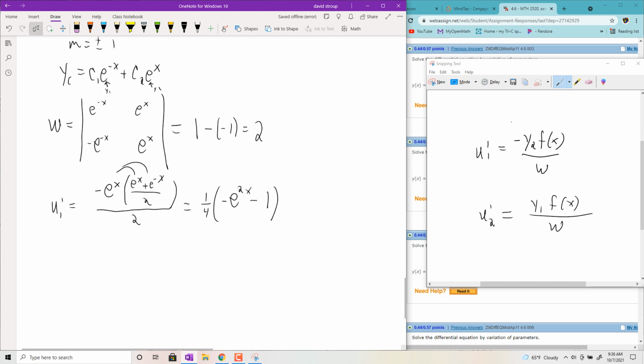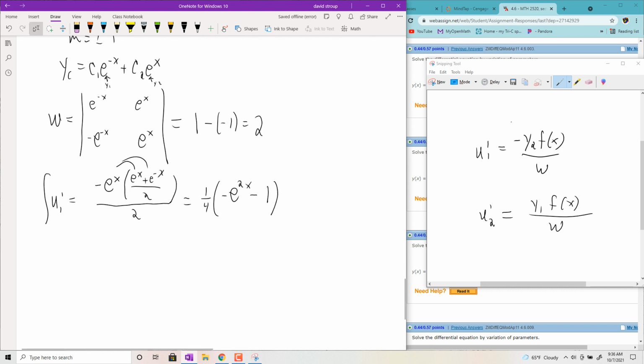Then I can integrate here, and I get u1 equals 1/4 times negative e to the 2x all over 2 minus x, and distributing the 1/4, negative e to the 2x all over 8 minus x over 4.